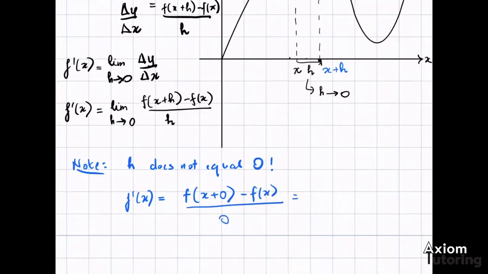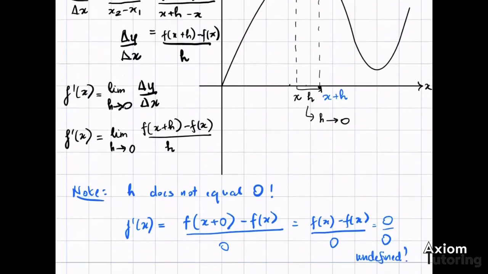The numerator is just f of x minus f of x, which is 0, and the denominator stays 0, so we get 0 over 0, but that is undefined. So h cannot equal 0, but it is tending towards 0.